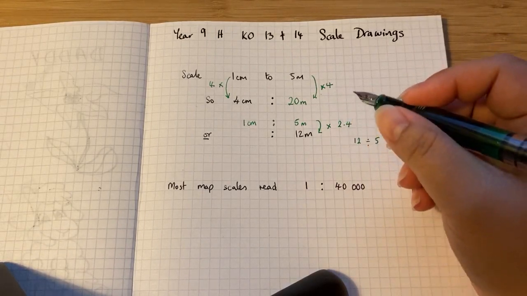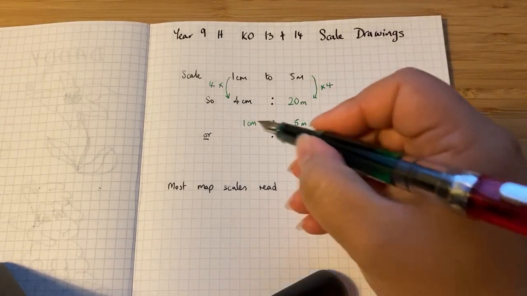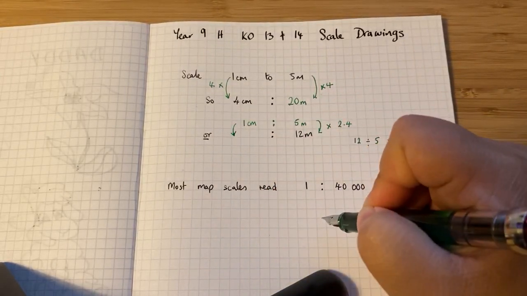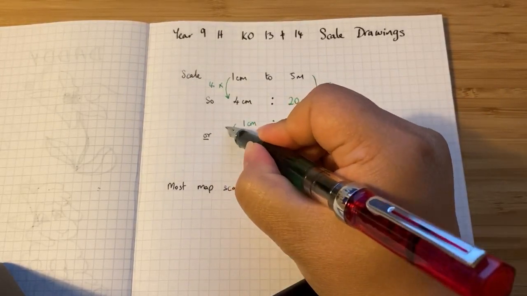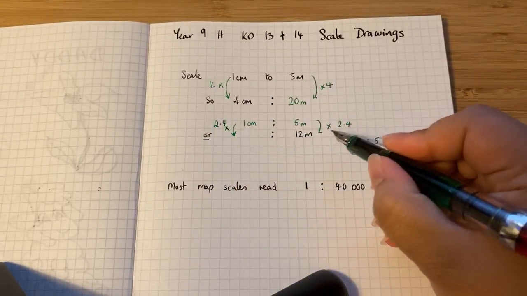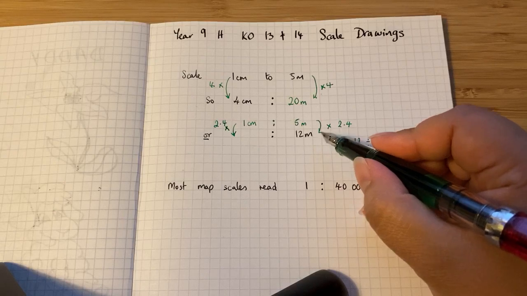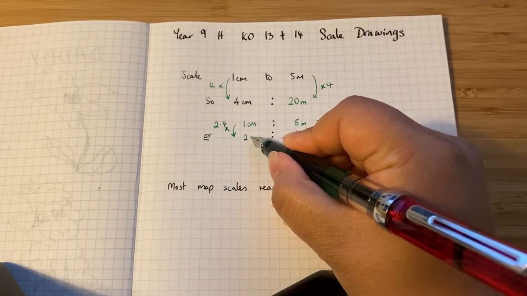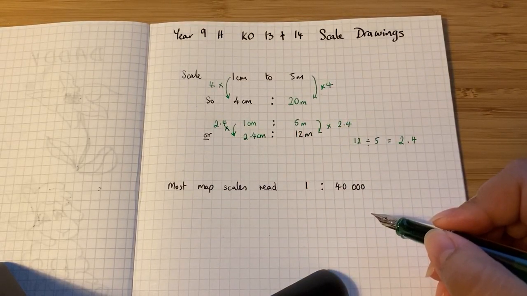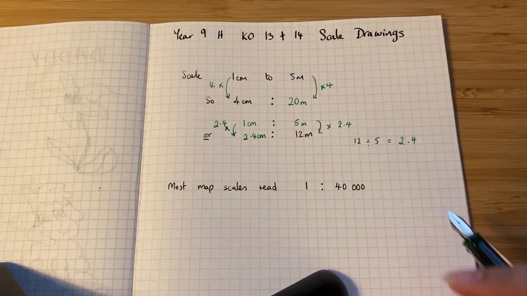Now, because it's a ratio, whatever you do to one side of the ratio, you need to do the same to the other side. So because I multiplied by 2.4 here, I need to also multiply by 2.4 on this side. So a length of 12 metres in real life would be the same as 2.4 centimetres on a map if the scale is 1 centimetre to 5 metres.